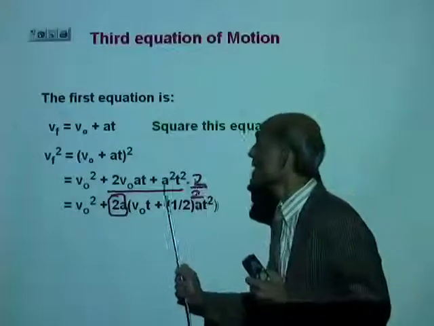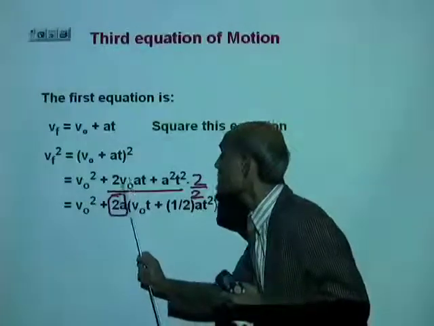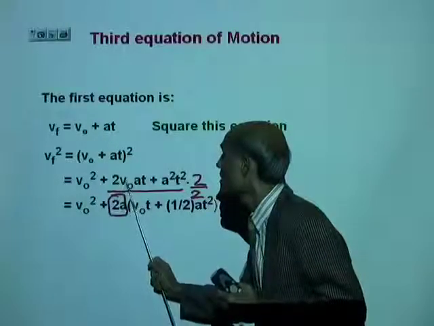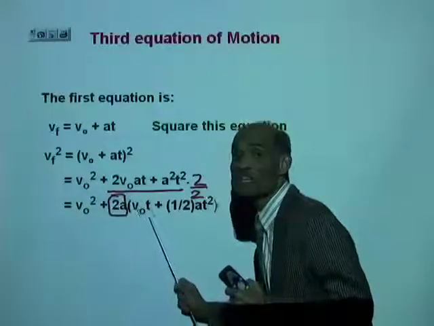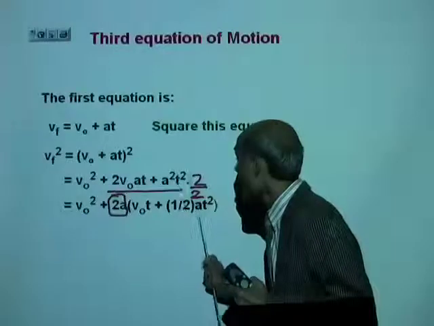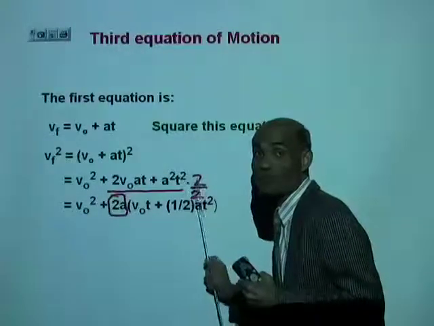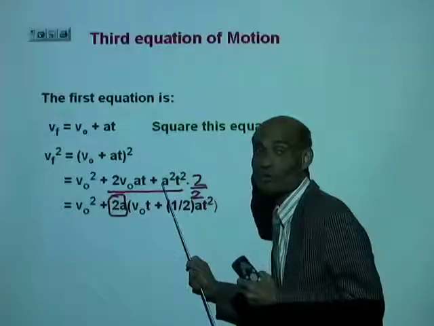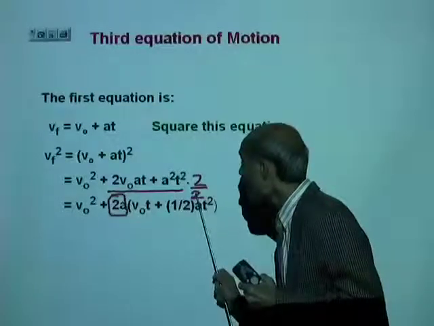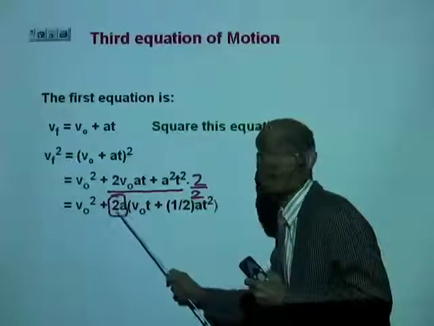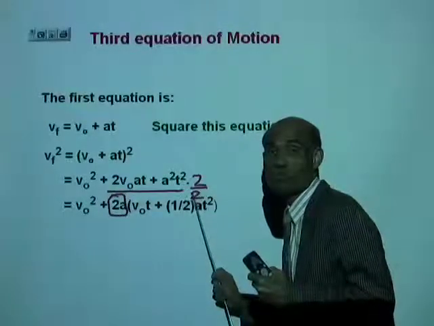So, when the 2a comes out, what is left in the first term? 2a has come out. What is left in the first term is v0t. And after this 2a, this is a squared. After 2a has come out, what is left here? There is a 1/2. You see that 2 in the denominator? This 2 has come out, leaving that 2 on the denominator.